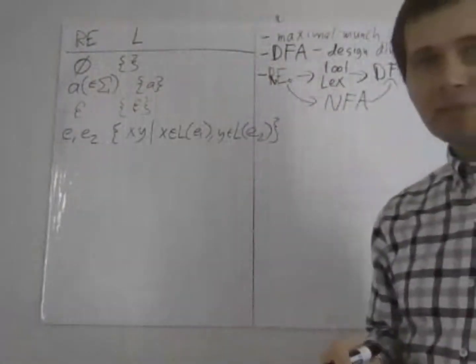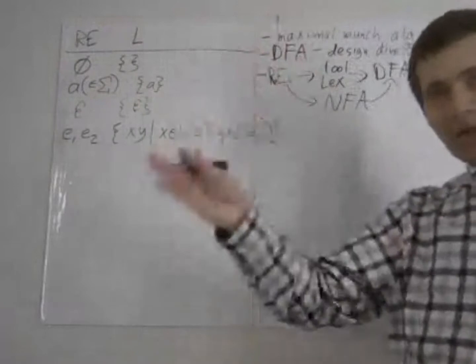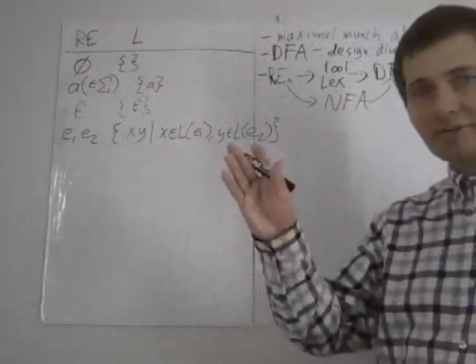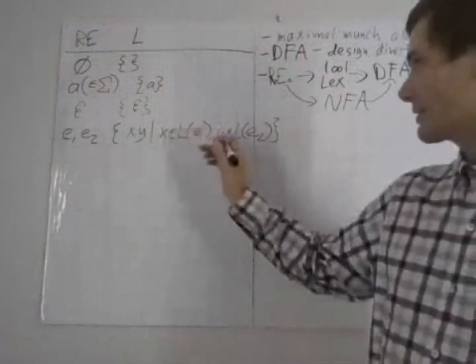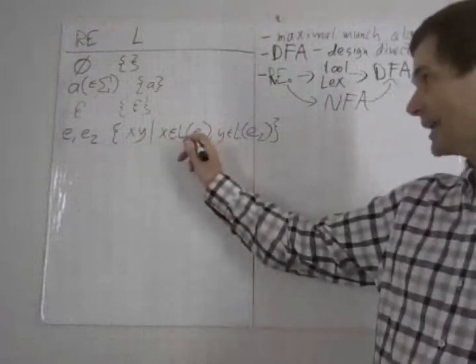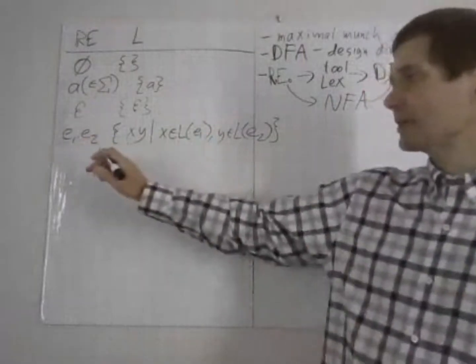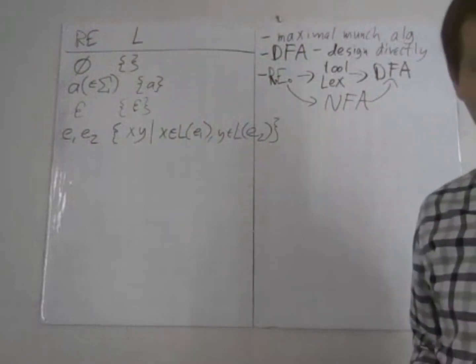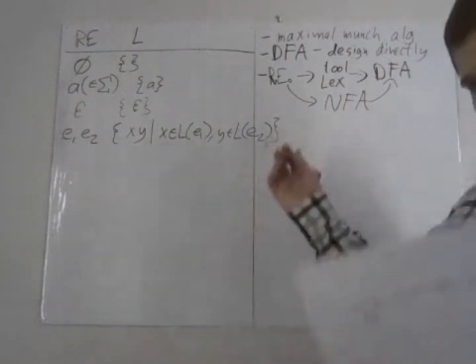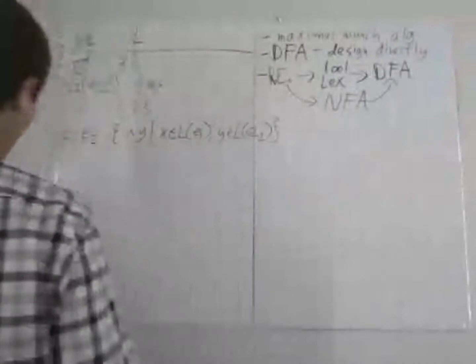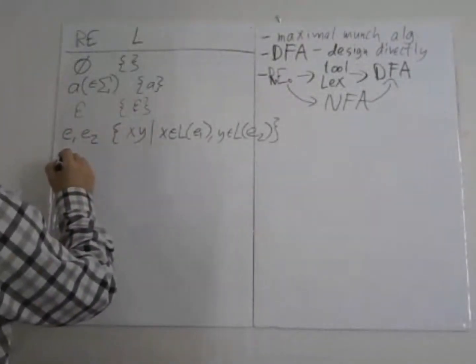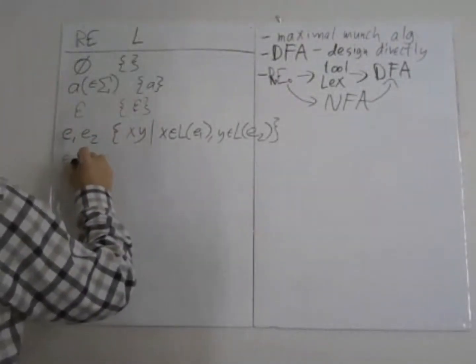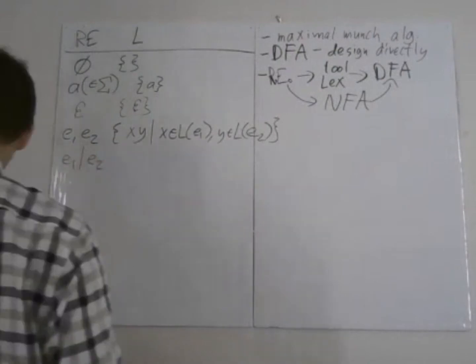So, any word that I can chop in half somewhere, and the first half is in the set specified by E1, and the second half is in the set specified by E2. All right, so I start building up bigger regular expressions out of smaller ones.